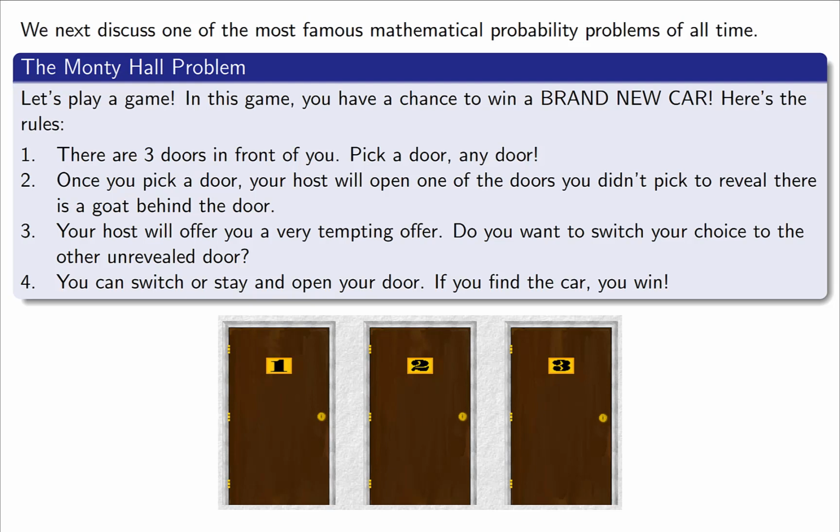He knows where the car is, so he's always going to pick a goat. And then he offers you a tempting offer. Do you want to switch your choice to the other unrevealed door? You can switch, you can stay. Either way, open the door, and if you find the car, you win. So the question is, should you switch or should you stay?